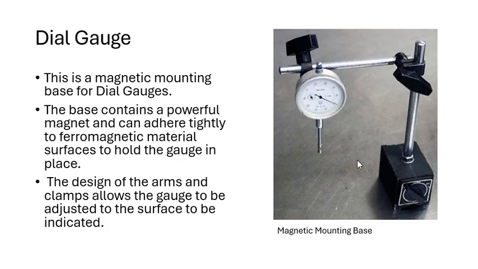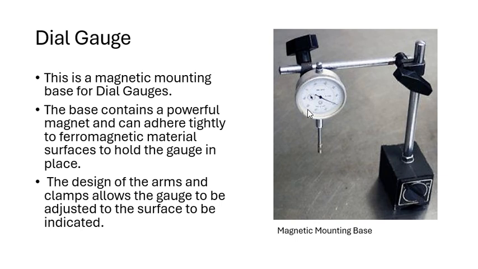In this picture, we're showing you the mounting base of a dial gauge. You can see the dial gauge is held by this stand, and here is the mounting base. We call this a magnetic mounting base.